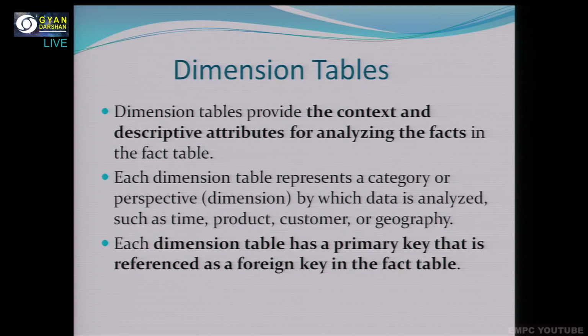Then the other key component is the dimension tables. These dimension tables provide the context and descriptive attributes for analyzing the facts in the fact table, maybe time, maybe geography, maybe brand, whatever the case may be.